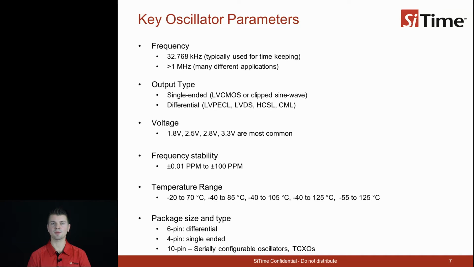For example, the output clock of a 1.8 volt oscillator with an LV-CMOS output will have an output voltage swing of approximately 0 volts to 1.8 volts. Clipped sine wave is often used for TCXOs because it is lower power, therefore reducing the oscillator self-heating and improving frequency stability over temperature. Clipped sine wave outputs usually have a voltage swing of 0.8 volts to 1.2 volts.